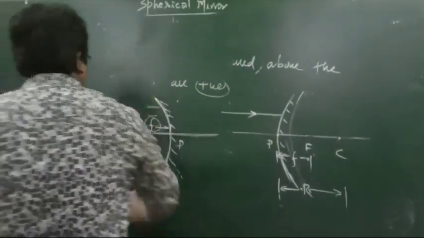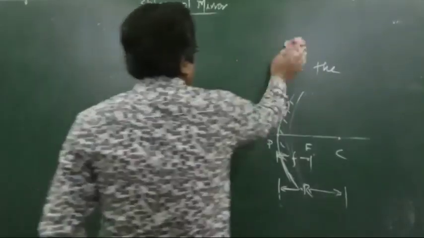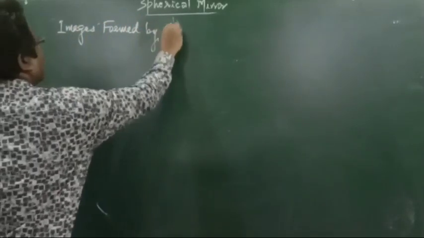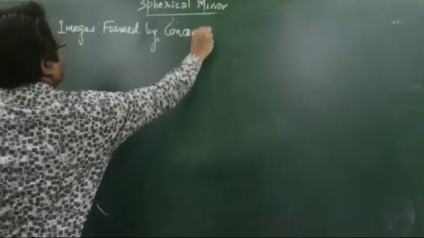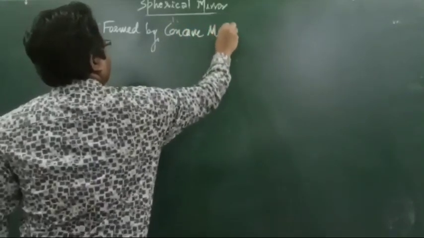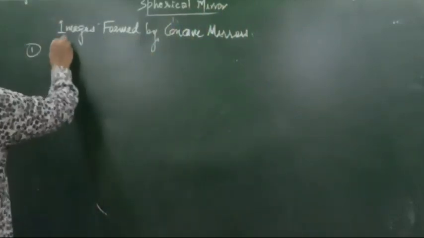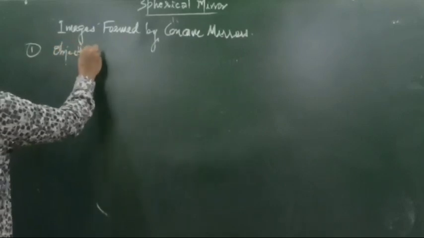After that, we'll go through some important image formations. We'll work out some image formations, and first we'll work it out for the concave mirror. So, images formed by concave mirrors. First case. Suppose the object is at infinity.